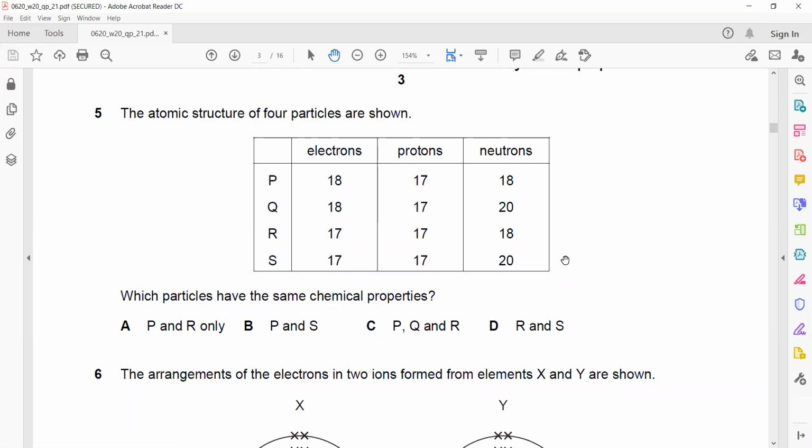So how will you work out the same chemical properties? D is the right answer. R and S.